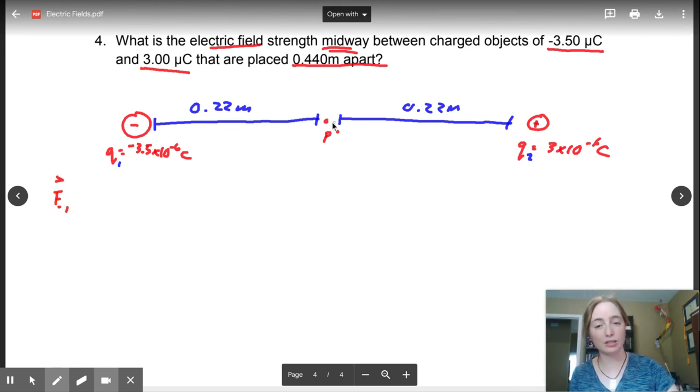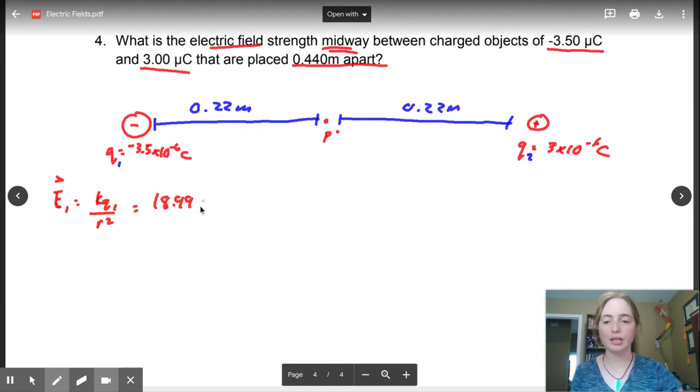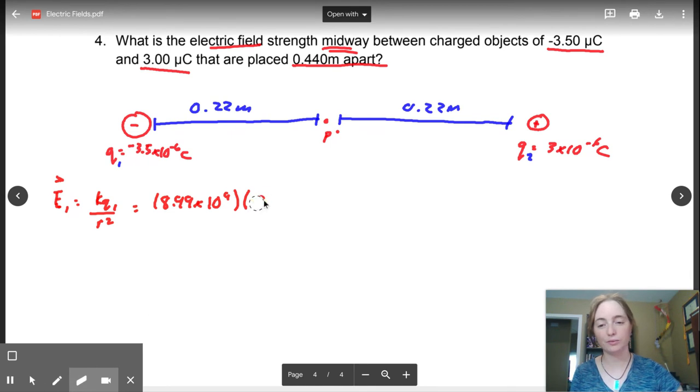That 1 is causing at point P, the effect of that there. And I'm going to start with just magnitude, okay? We'll worry about direction after. So k Q1 over r squared. k from your data booklet is 8.99 times 10 to the power of 9. And Q, once again, absolute values.